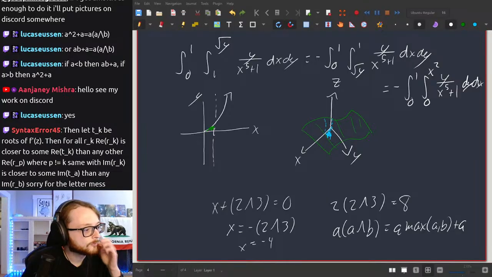Okay, sorry, I'm just... Oh, and Janie solved the integral we were just looking at before. Nice.